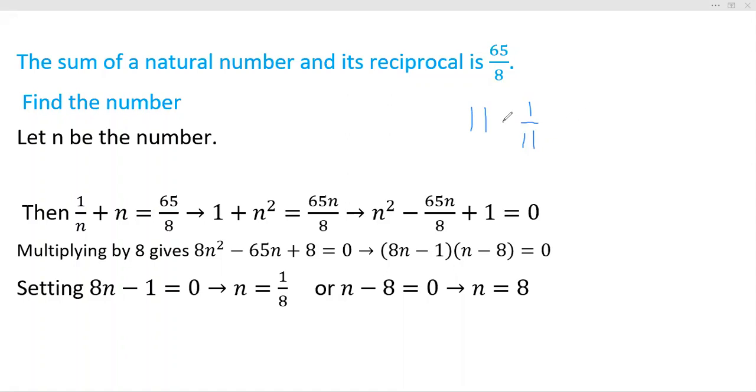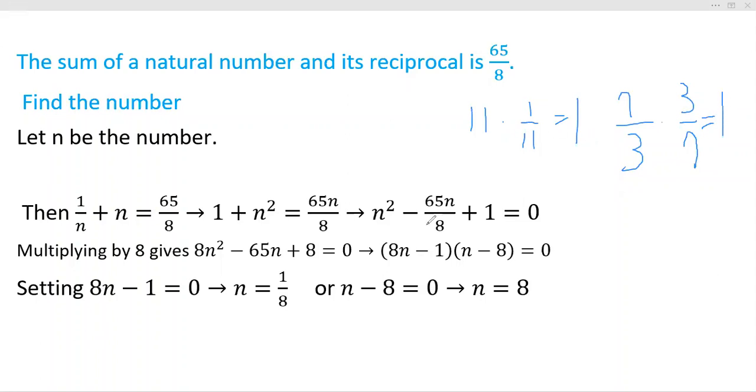Also, say 7/3. Now, this is not a natural number, but if you were dealing with fractions, 7/3 and 3/7 would be reciprocals, because their product is also equal to 1. Sometimes a reciprocal is called the multiplicative inverse.